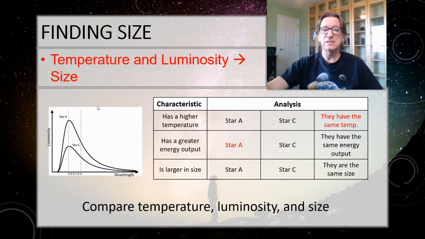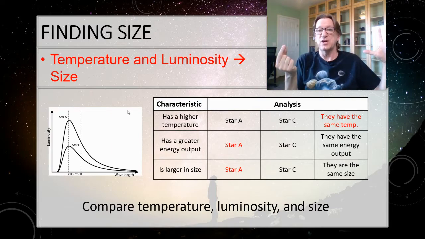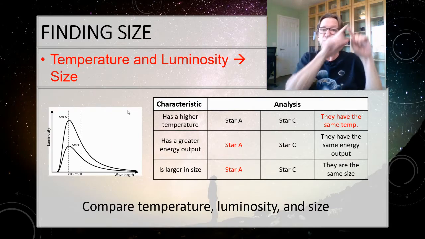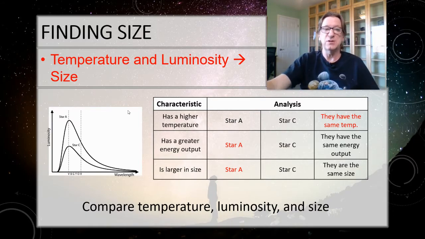The only way that's possible is if star A is much bigger than star C. Do you see that? This is the example we gave with the candle. I've got one candle or I've got 100 candles. They're the same temperature, but that 100 candles is going to be brighter just because it's bigger. It's got a bigger surface area. So these two stars are the same temperature, but star A is brighter. It's got a greater energy output because it's a bigger star.